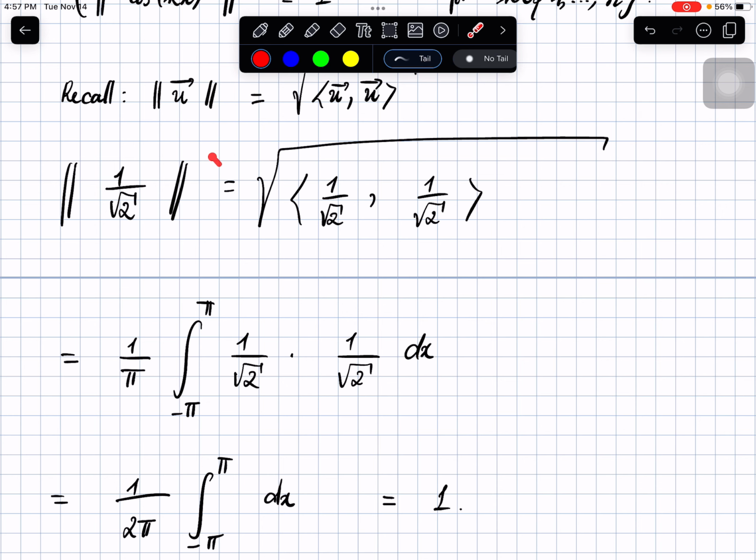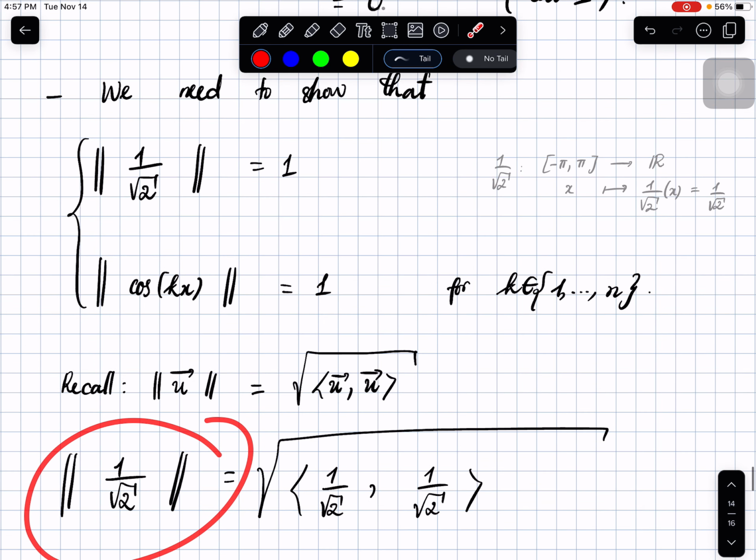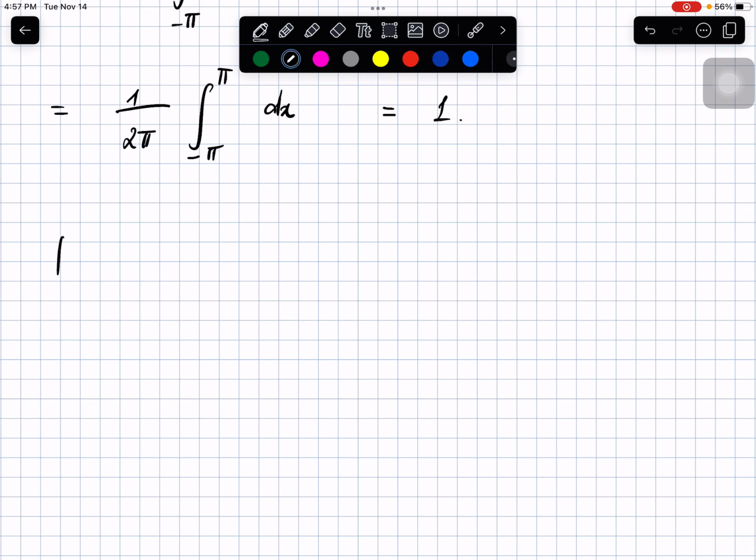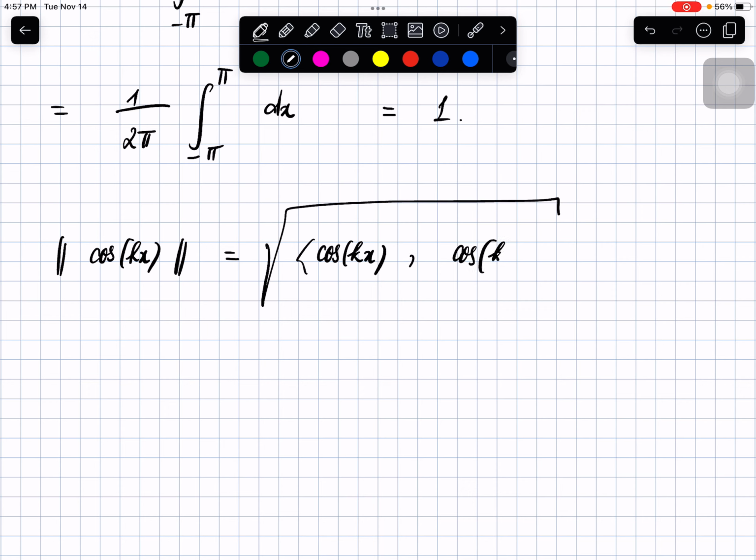So the first vector is a unit vector, and so are the rest: cosine 1x, cosine 2x, cosine 3x. The norm of cosine of kx is the square root of the inner product of cosine of kx with cosine of kx. By our definition, the inner product is the integral of cosine square of kx dx.